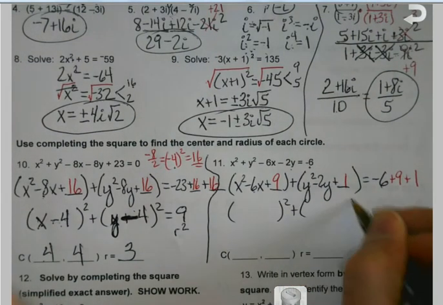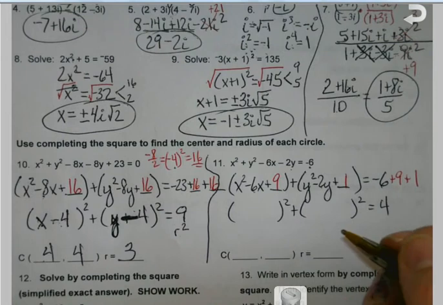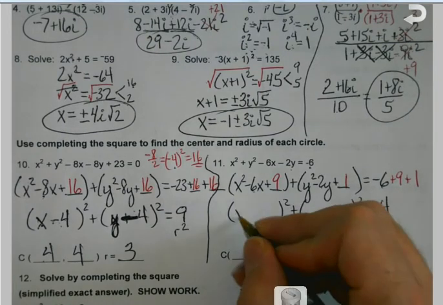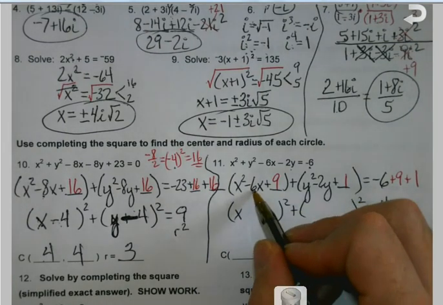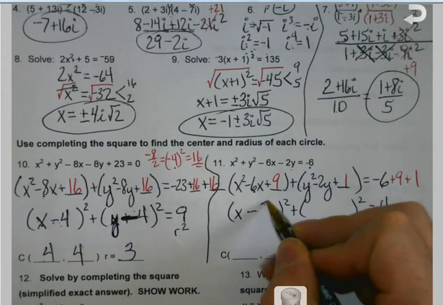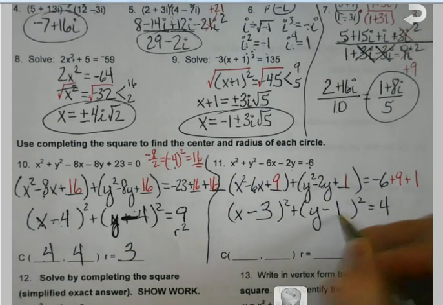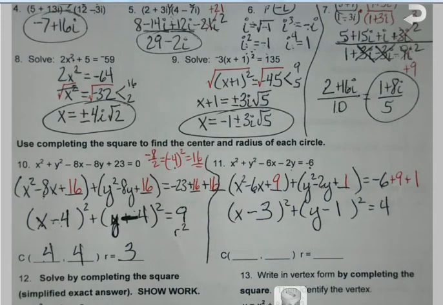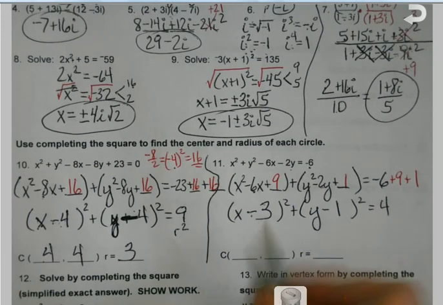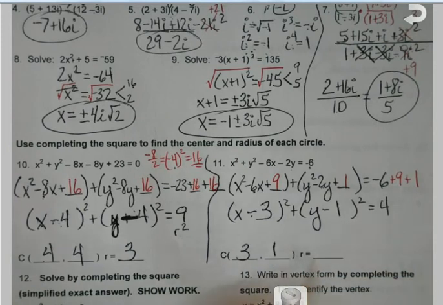We're ready to get into our binomial form. Again, it's half of my b is what goes here, so half of negative 6 is negative 3. Half of negative 2 is negative 1. I'm into my standard circle form. Take my opposites to get my center.